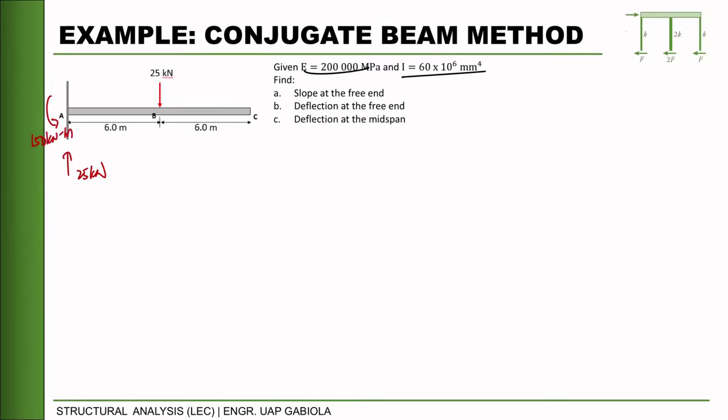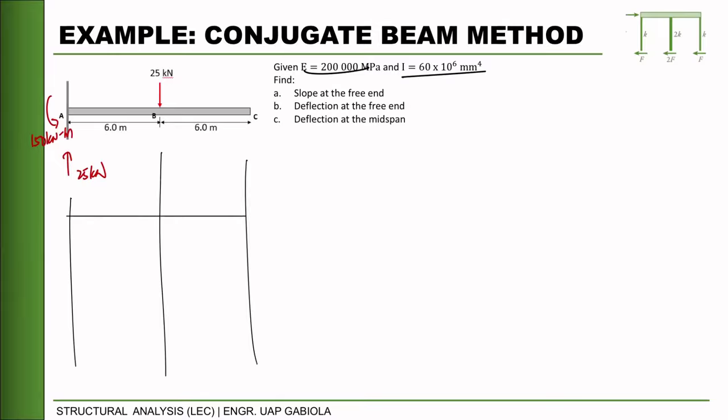Okay, and then we construct our shear and moment diagram. Okay, for the shear, so we have here 25, and then 25 at center, that will yield to 0, and then the rest will be 0. So this is 25 times 6, so this is 150 kilonewton meter, the area of that shape.